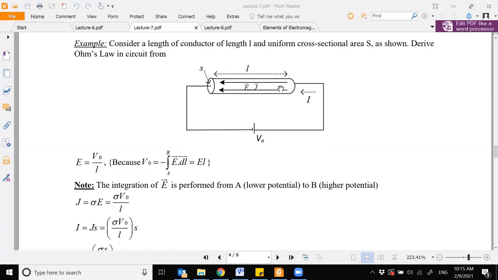It's a straight wire of uniform cross section. That's why this dot product will become simply multiplication of E and L. And therefore, since the potential difference V naught is E multiplied by L, the electric field magnitude will be just V naught over L.